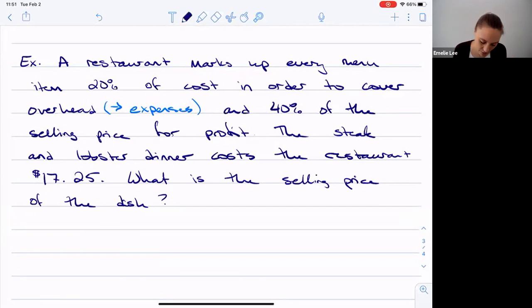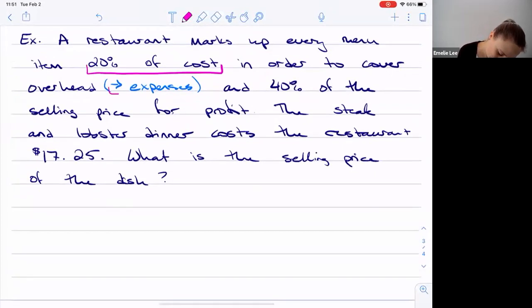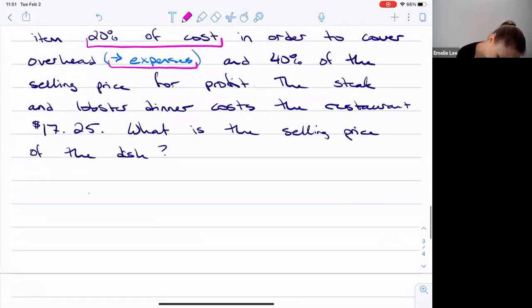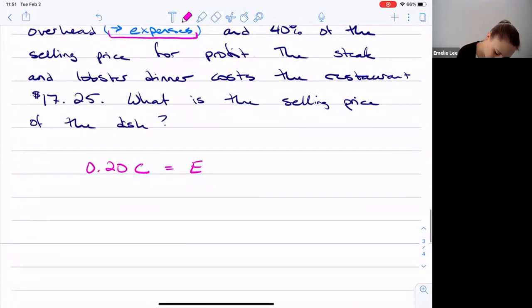So what I'm going to do is underline this here, to cover expenses. So I have 0.20 times C, 20% of the cost to cover the expenses, E, right?